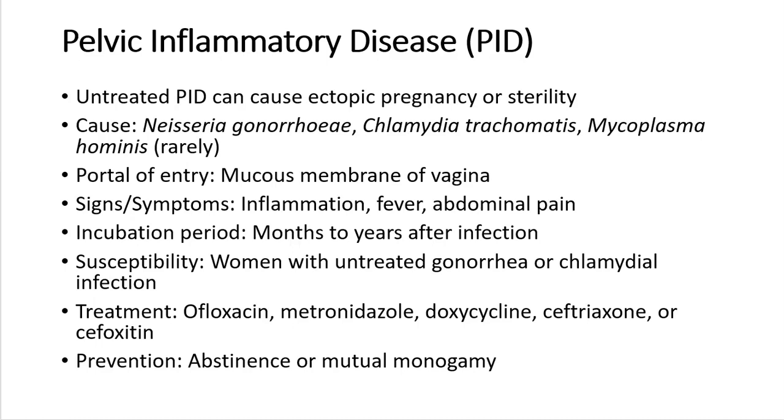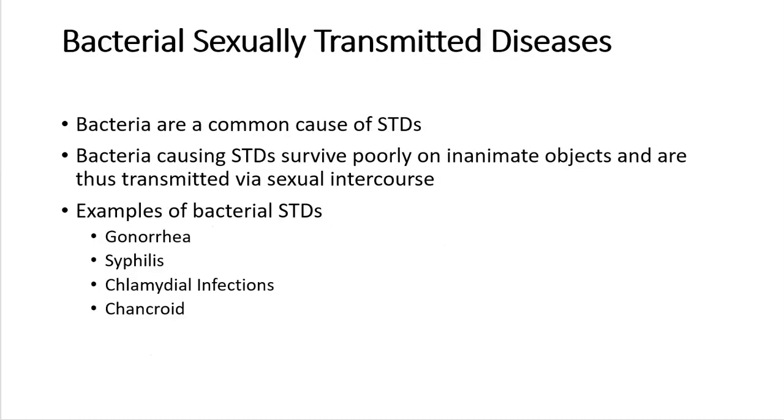It can really get up into these other pelvic areas. There are several treatments, but you get an STD, and it can really get up into these areas and damage that whole fallopian tube area and just cause all kinds of problems.